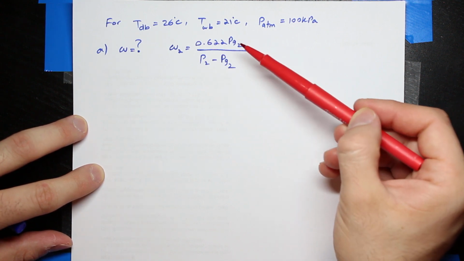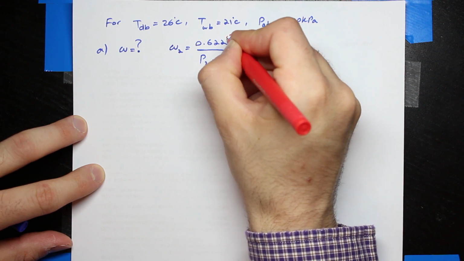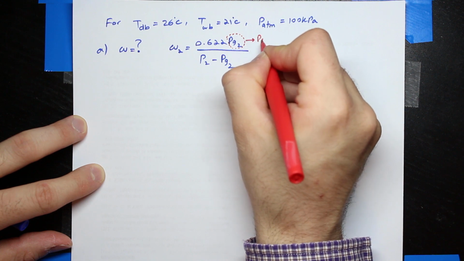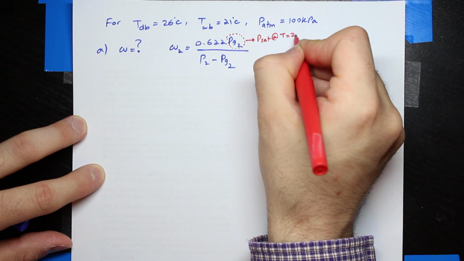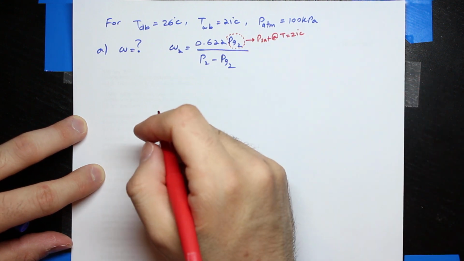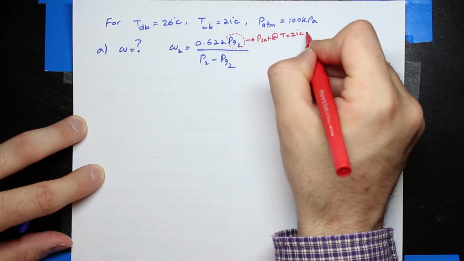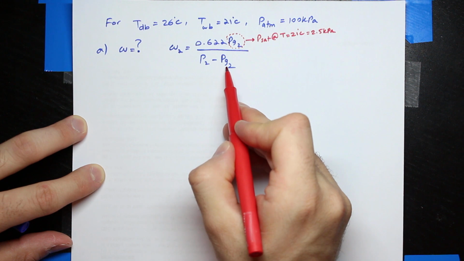Pg2 is the saturation pressure at the wet bulb temperature. So this is Psat at a temperature equal to 21 degrees C. You go to the table and you obtain that Psat is equal to 2.5 kPa. So this is Pg2.